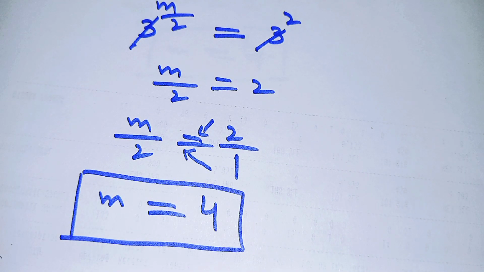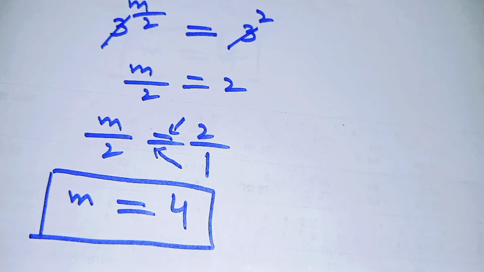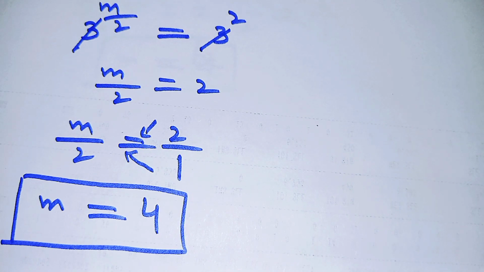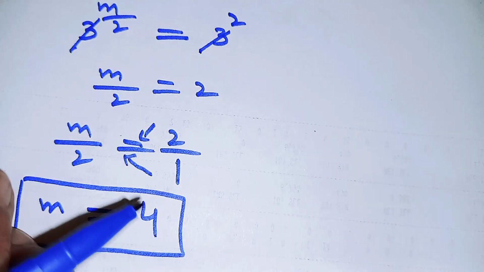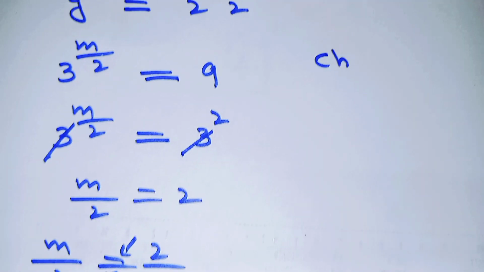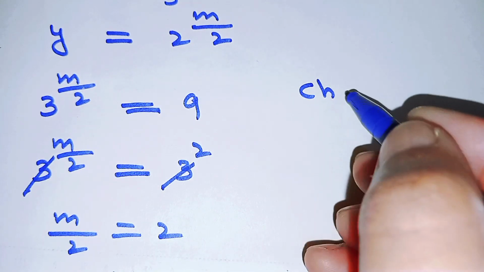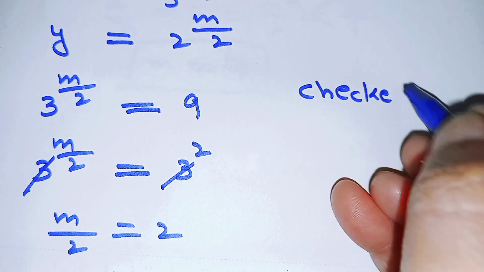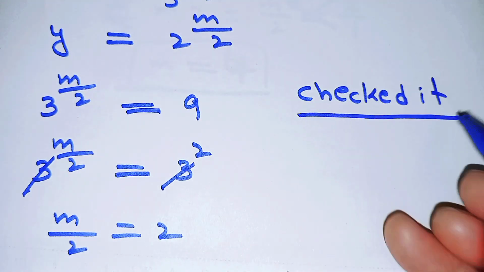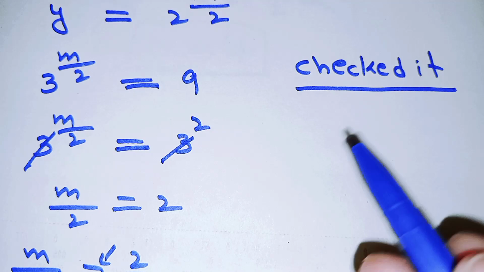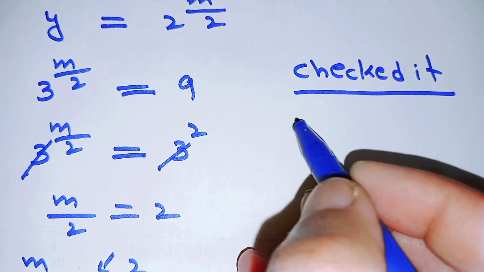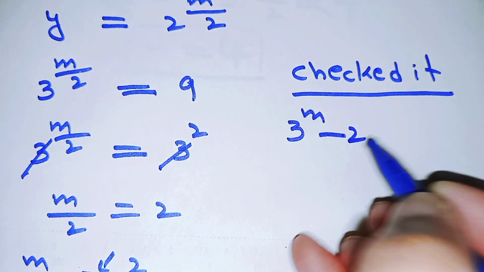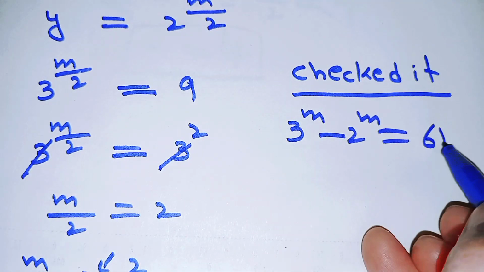Now we check this question. We write the question: 3 to the power of m minus 2 to the power of m is equal to 65.